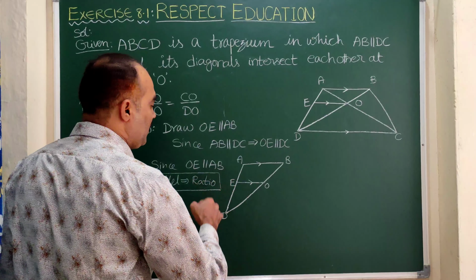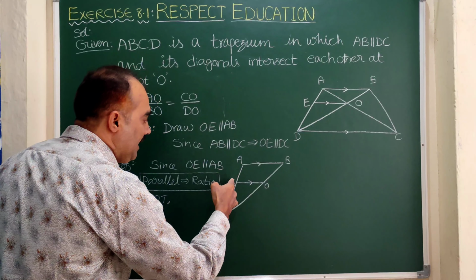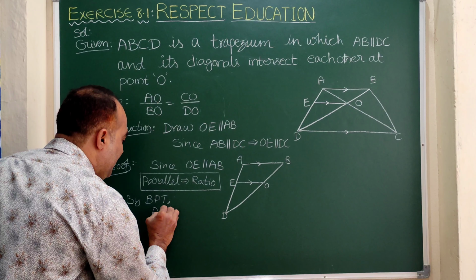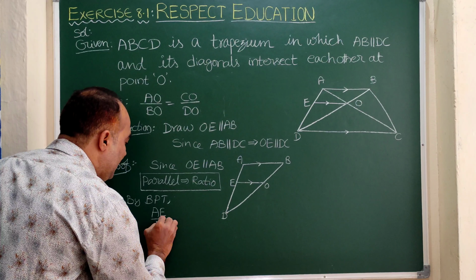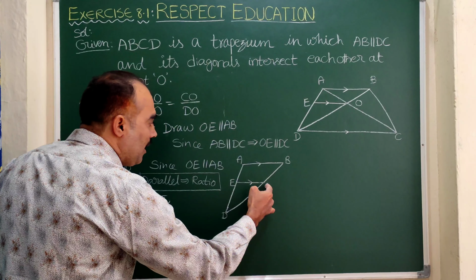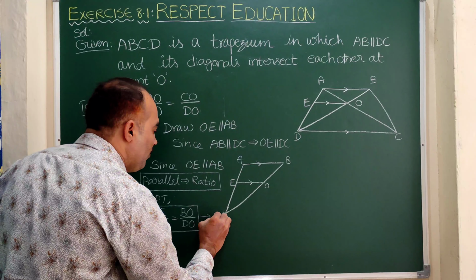Let us write here AE by ED is equal to BO by DO. So let us take this as equation number 1.